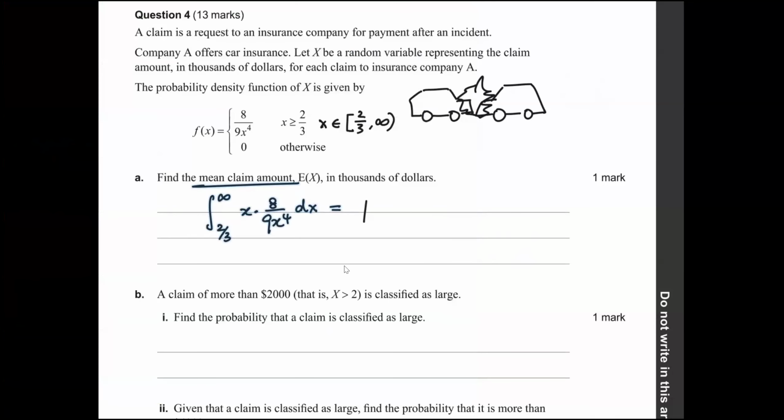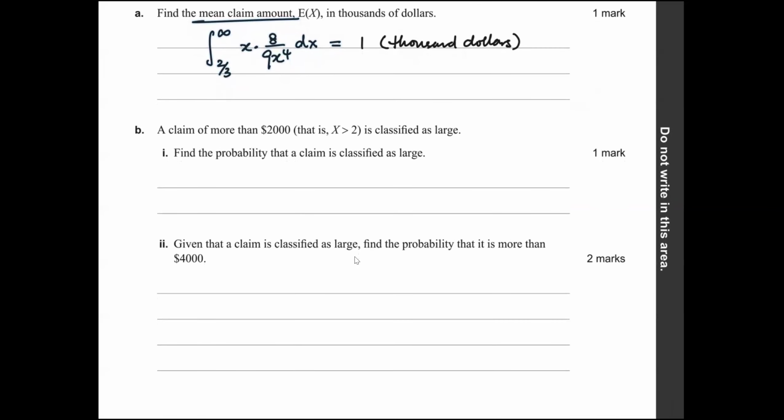And the other part is a claim of more than 2,000. X greater than 2 is classified as large. So I want to figure out the probability of X greater than 2. The probability is the integral from 2 to infinity of 8 over 9x to the power 4 dx.